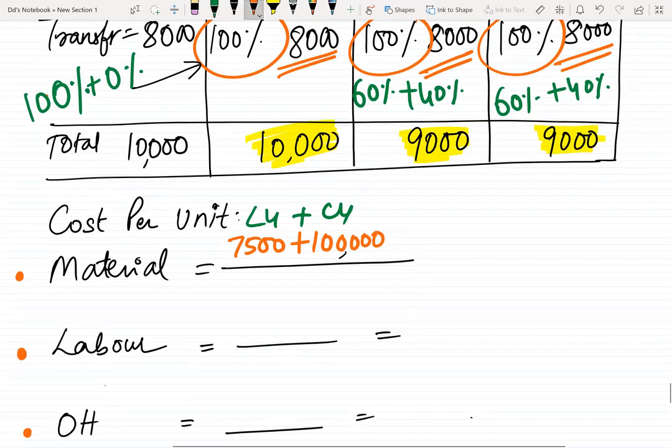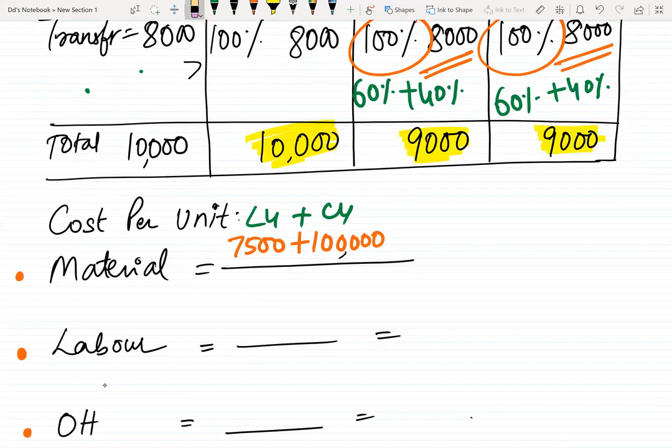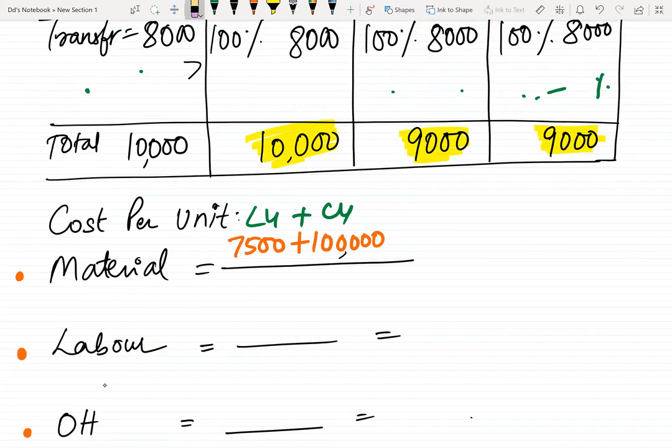So 7,500 plus 1 lakh should be divided by, what's the number now? You have calculated already, 10,000. Bring it here. This will be 7,500 plus 1 lakh by 10,000, 10.75.